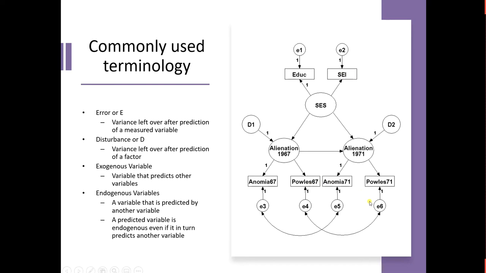So the residual variance associated with either exogenous or endogenous but observed variables is labeled as error, and the residuals or errors associated with latent variables are called disturbances. So these are the terms which we will often encounter when we will be learning how we do these modelings and how we test these models.